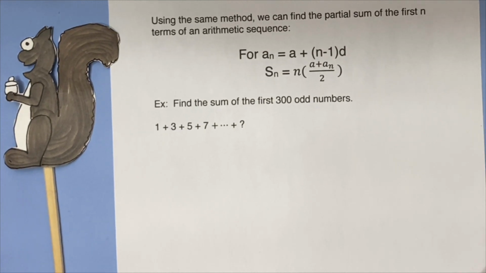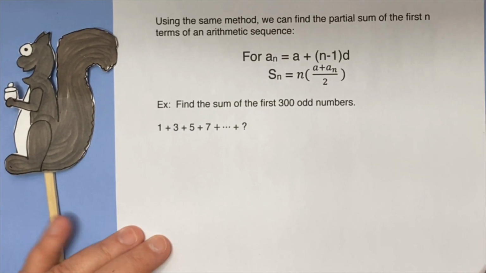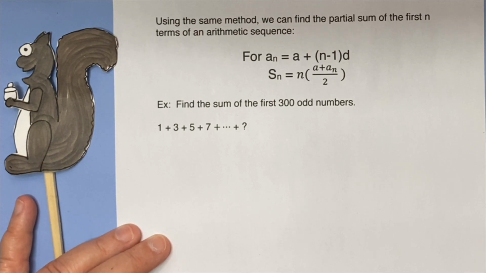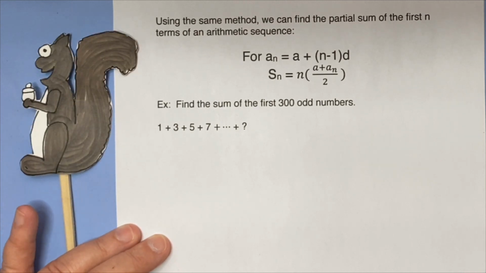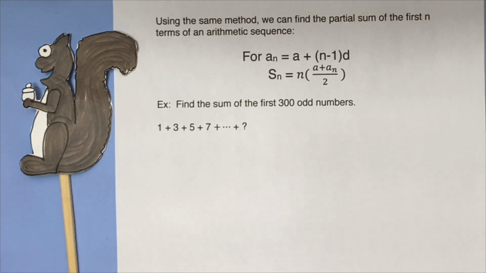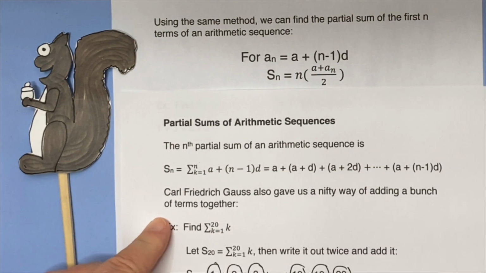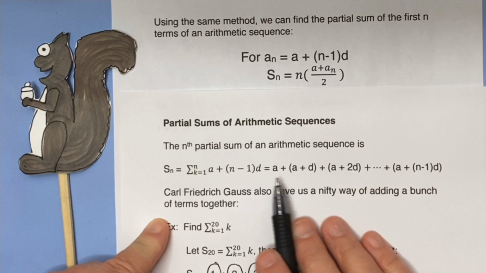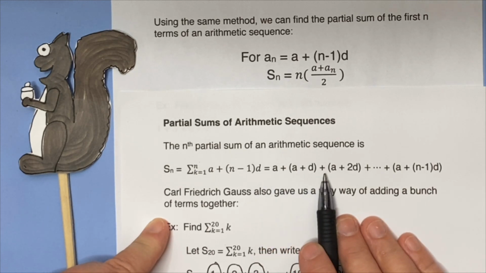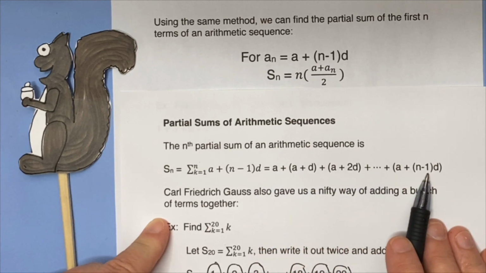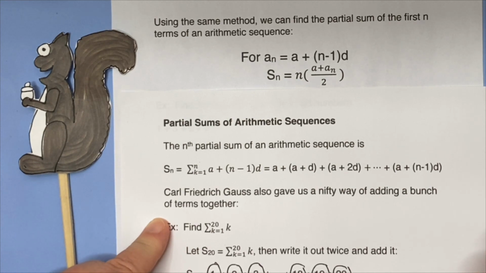Using the same method, we can find the partial sum for the first n terms of an arithmetic sequence. Remember, I started this section saying the nth partial sum is a plus a plus d plus a plus 2d and so on, and I said, oh my goodness, what are we going to do?